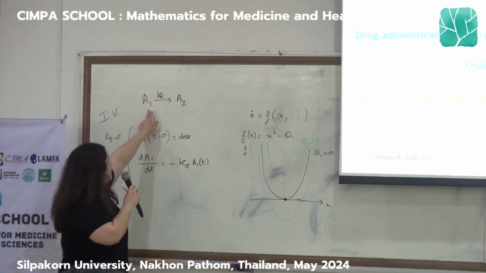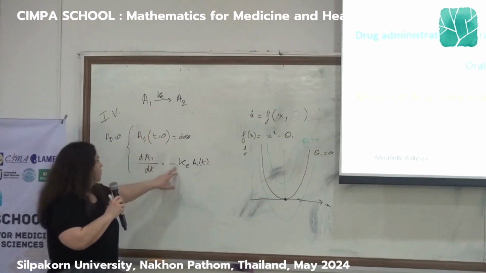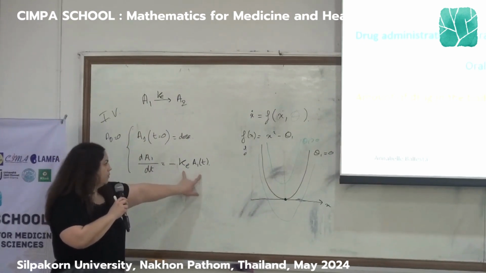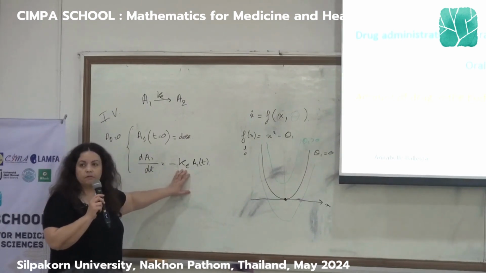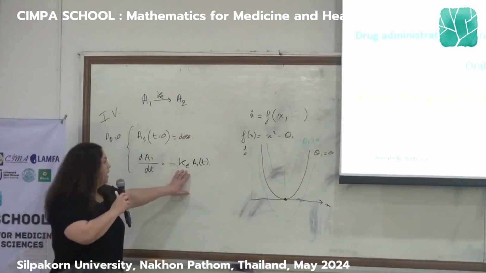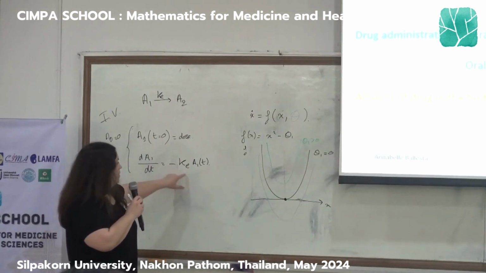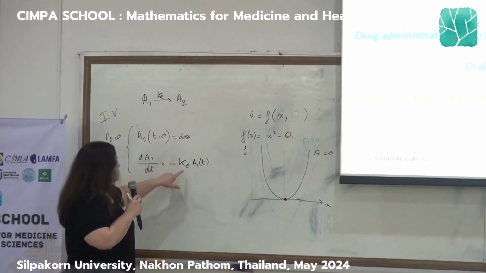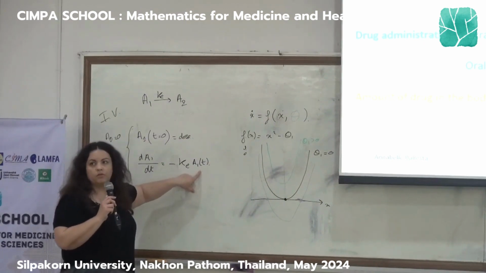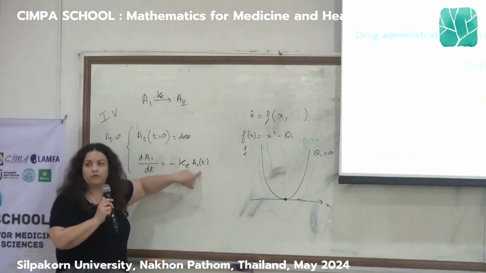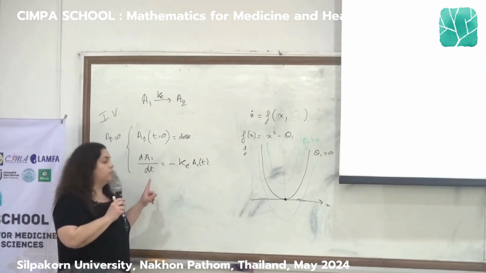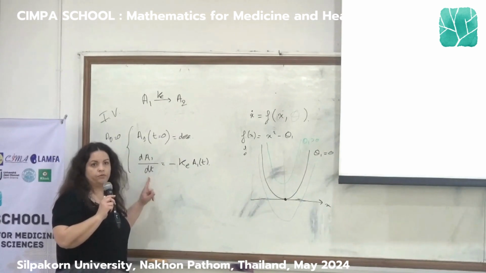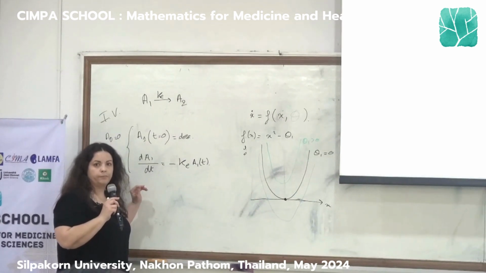So basically here A1 is disappearing, this is why you get the minus term, and the rate is just linear. So this is what we call the rate constant. This is a parameter, and A1 disappears proportionally to its quantity. So basically when there is no A1 in the compartment anymore, A1 is 0, and nothing happens anymore, okay?